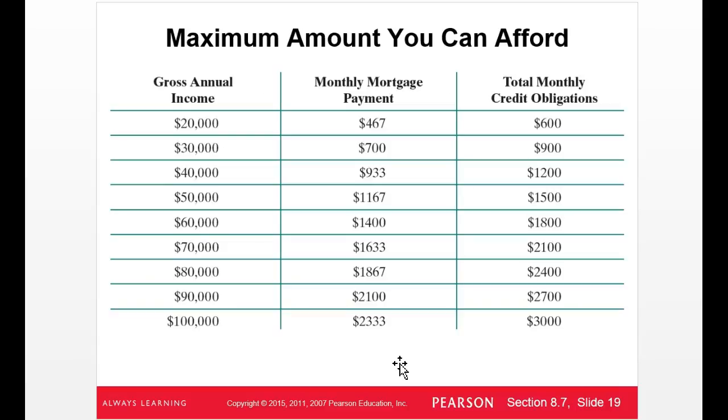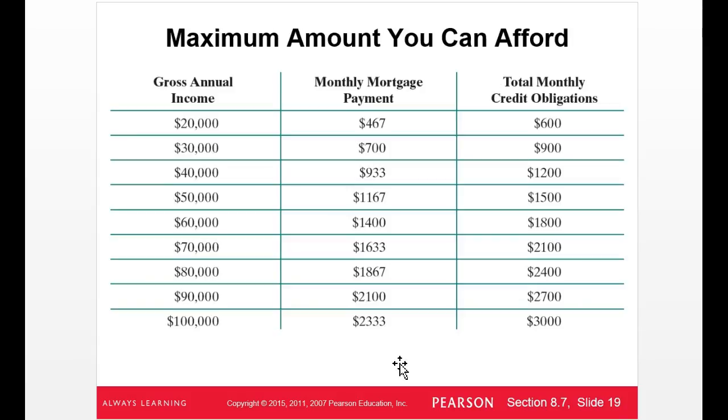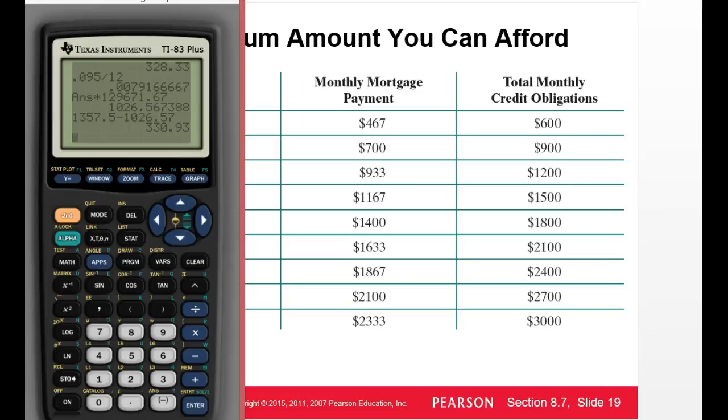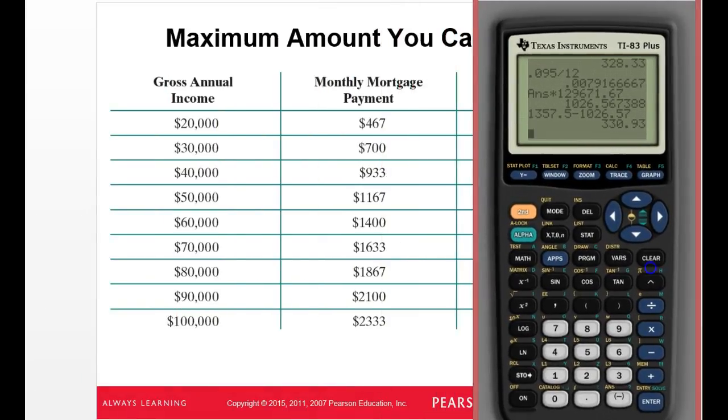All right, so here's just different gross annual incomes. If we take 28% of these numbers, so you can see where it's coming from. If I take 0.28 times 20,000 and hit enter, there's 5,600.